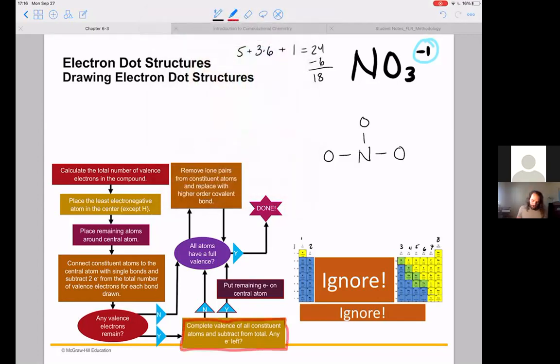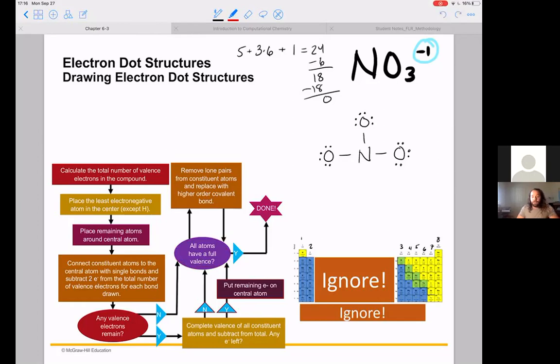Complete the valence of all the constituent atoms, subtracting from the total. So that means I'm going to add 1, 2, 3, 4, 5, 6, and 2, 3, 4, 5, 6. All right, so that gets rid of all my valence electrons. Good to know. Okay, so now I'm at this step. Do all the atoms have a full valence?